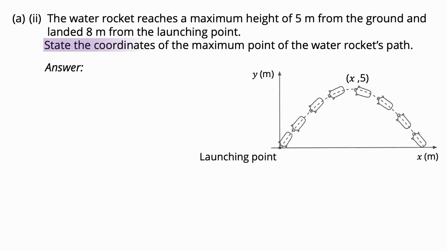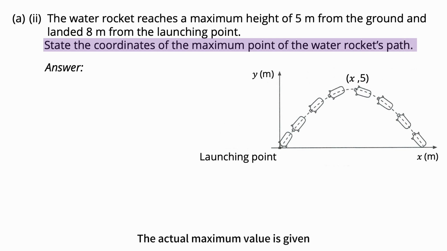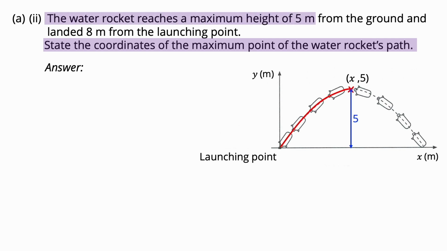2. State the coordinates of the maximum point of the water rocket's path. The actual maximum value is given by evaluating the function at the vertex. From the image in question, the water rocket reaches a maximum height of 5 meters and lands 8 meters from the launching point.